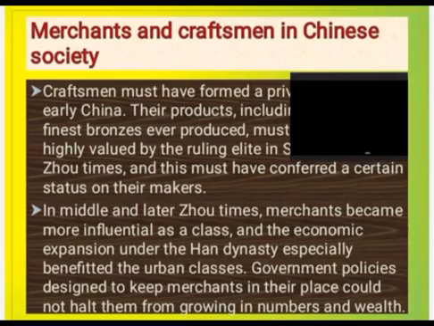In Middle and later Zhou times, merchants became more influential as a class, and the economic expansion under the Han Dynasty especially benefited the urban classes. Government policies designed to keep merchants in their place could not halt them from growing in numbers and wealth.